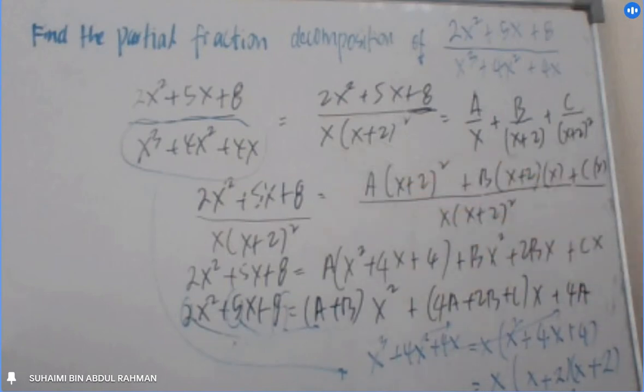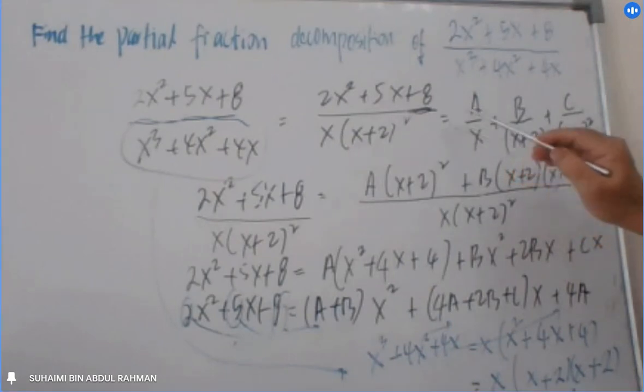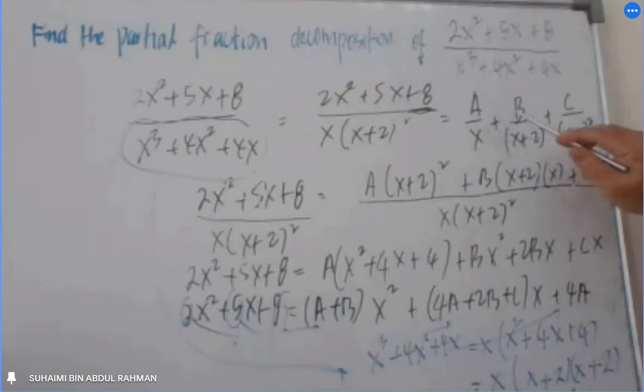So, which rules do we need to apply? Rule A and Rule B, sir. Rule A is A over x.